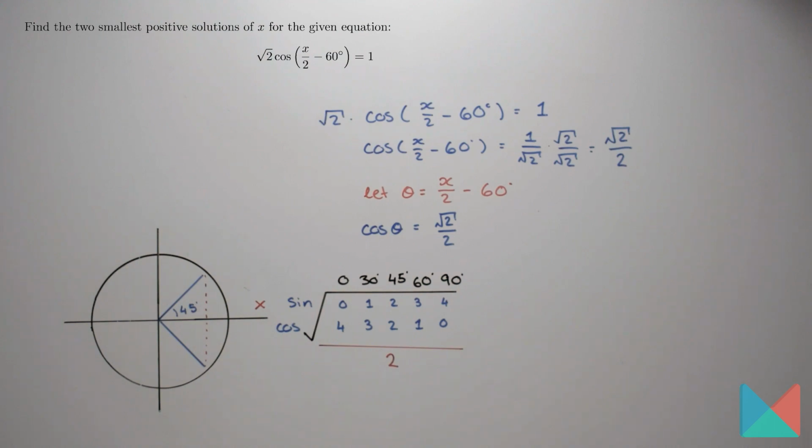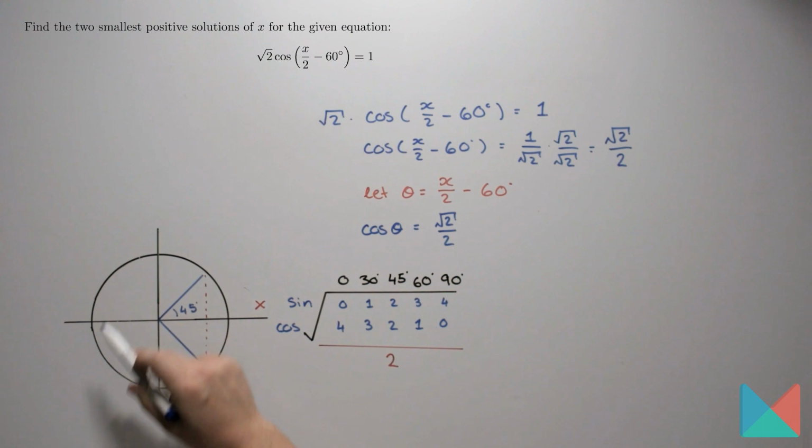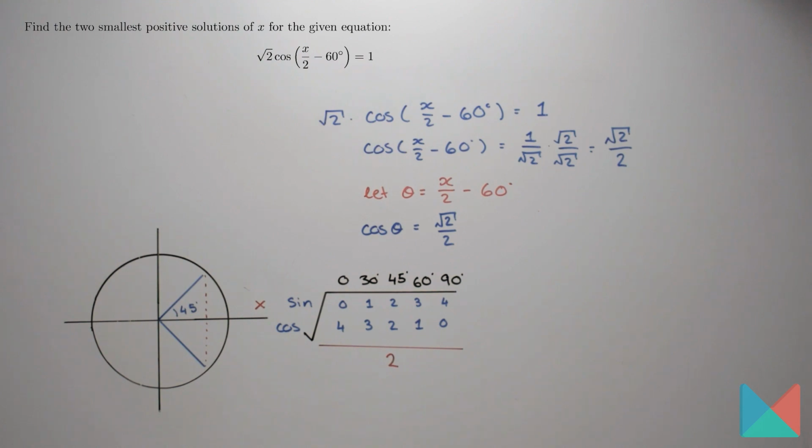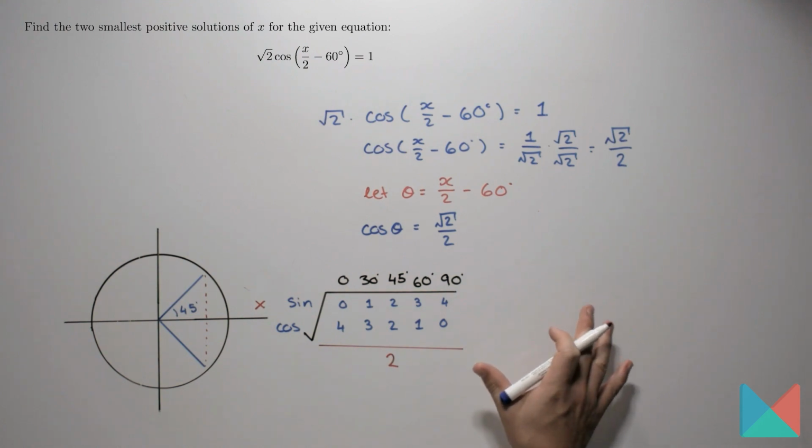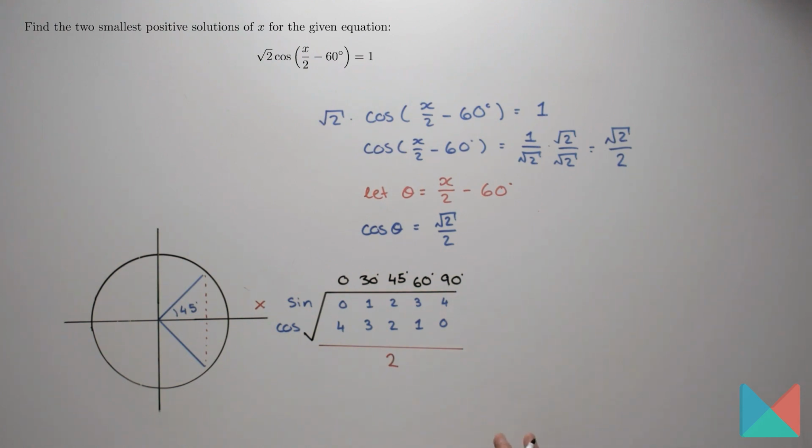Now we have all the resources to find some values of theta, but notice that we don't have a domain filled in, and so we don't know how many solutions of theta to find. What we're trying to do is find a good range of values for theta, so that when we solve for x, we have the transition from negative x values to positive x values, and we can just pick out the two smallest positive x values.